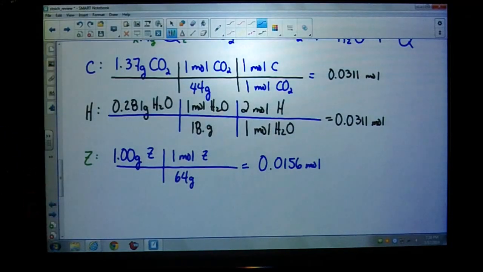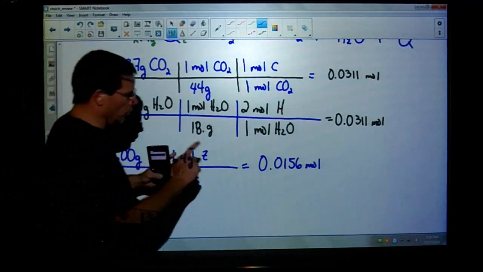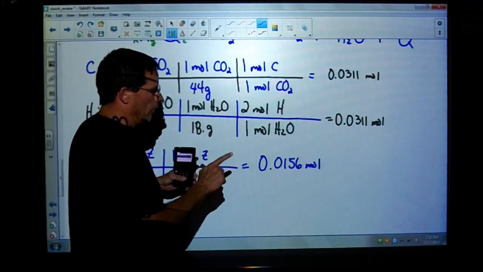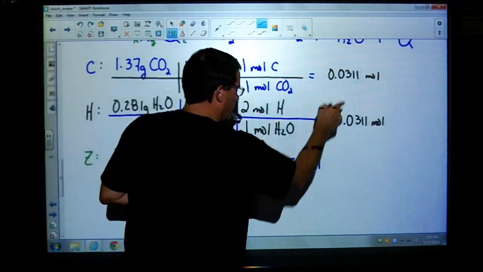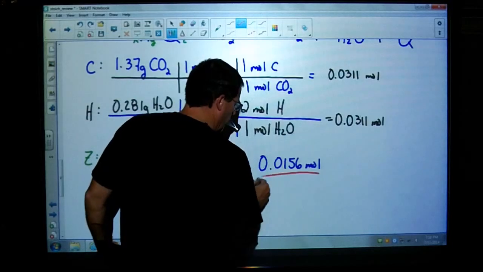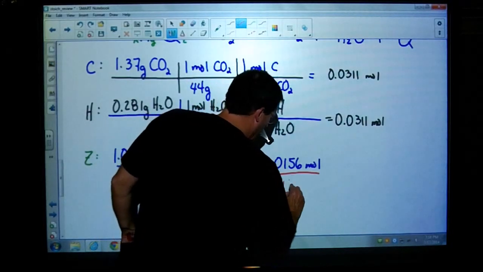And since we don't have Q, well, again, we're experimenting here. Let's just try something, see what happens. If I say, okay, I have that many moles, and I don't know what Q exactly is, let's just pretend for a moment that these are the smallest ratios here. So let's say there's that.